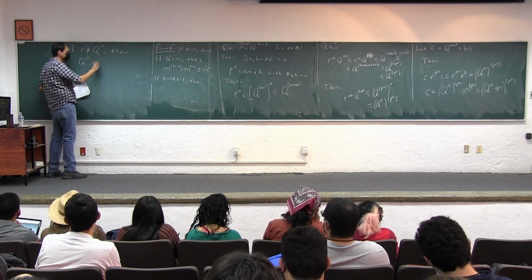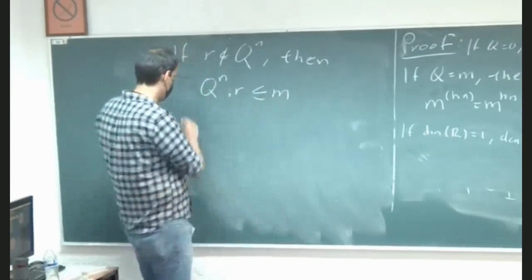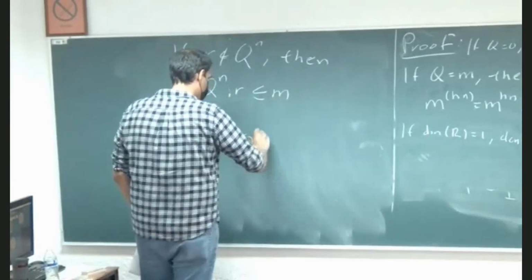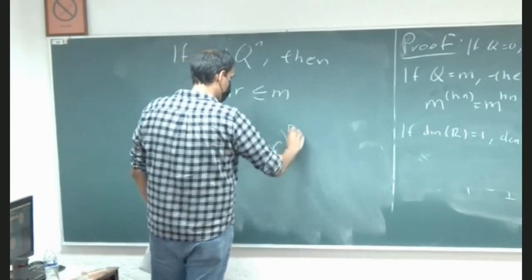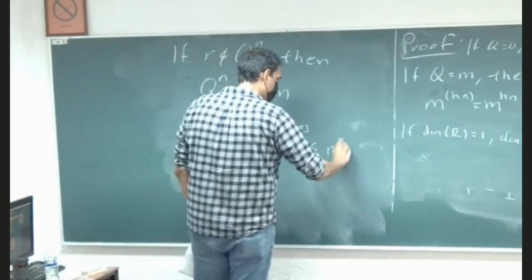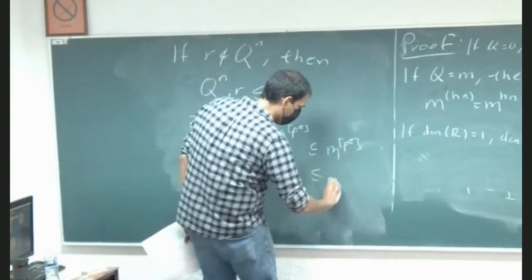One cannot be an element here, so this is contained in the maximal ideal because we're in the local ring. Then Q to the N, R to the N, this bracket P to the A is going to be contained in M bracket P to the A, which is contained in M P to the A.